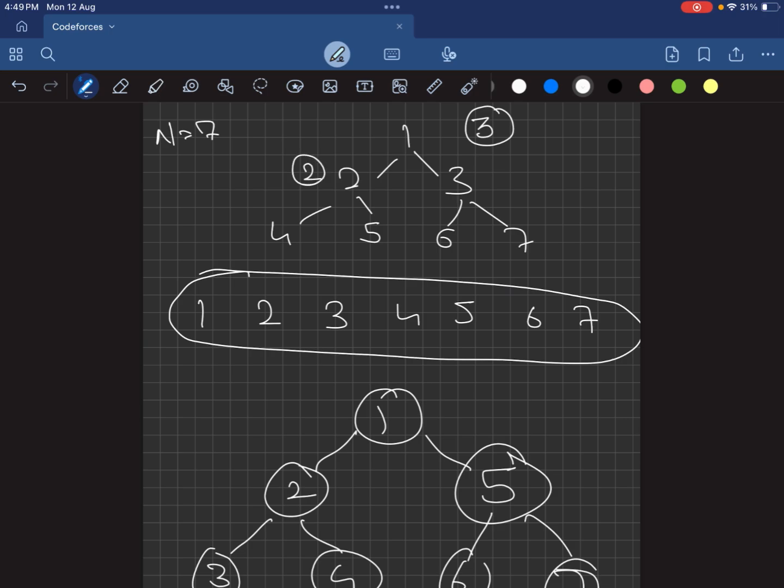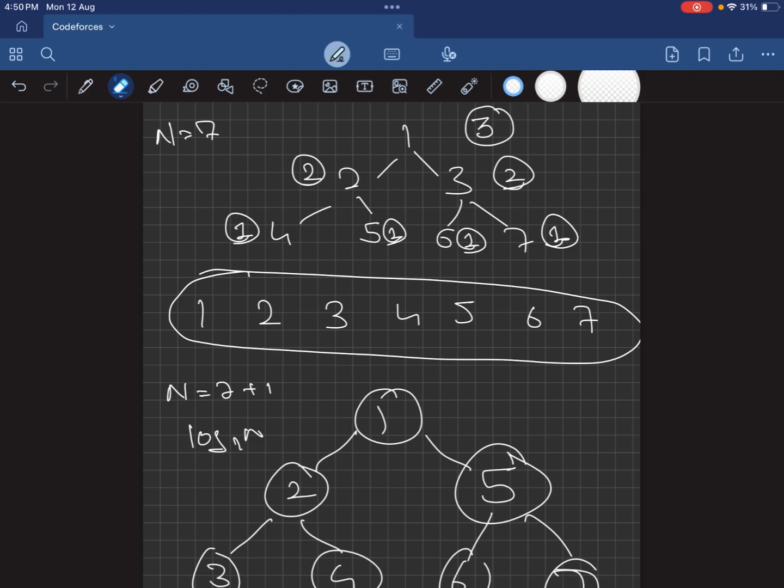Then the layer below it will have depth 2, and the layer even below it will have depth 1. How do we calculate this quantity? We have n equal to 7, we add 1 and take log base 2 of it, which is essentially the number of times we can divide it by 2. So the root will have depth 3, the layer below it depth 2, and the layer below that depth 1.